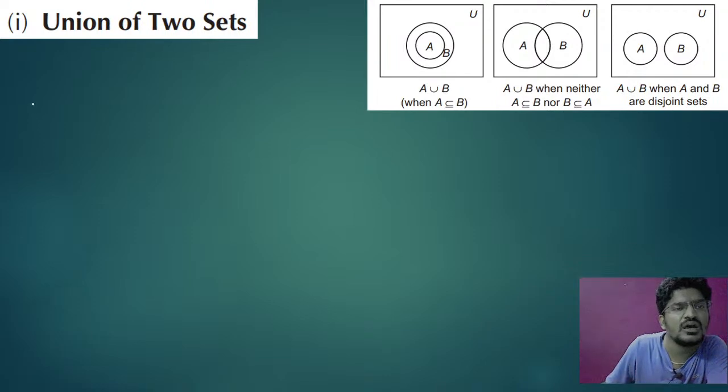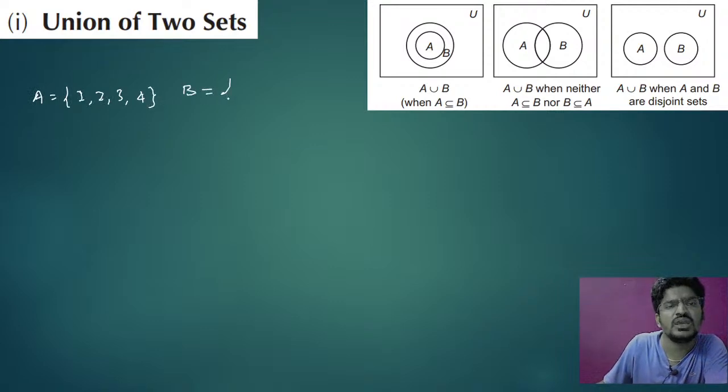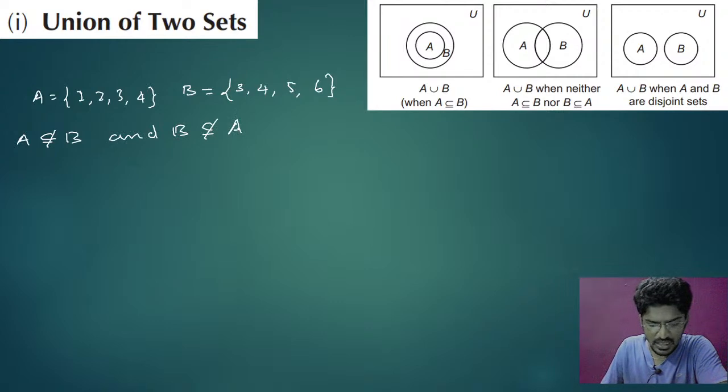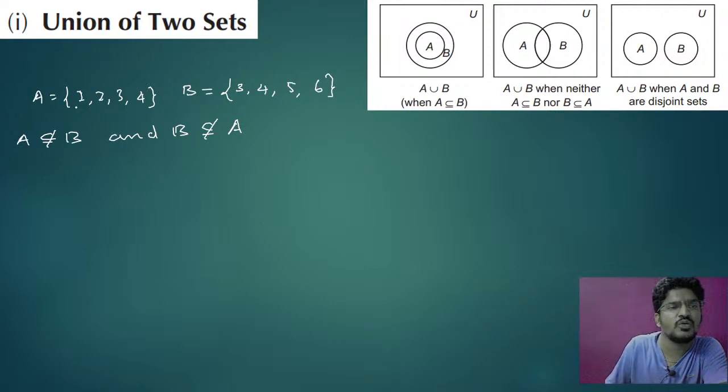So see here, I will take A equal to 1, 2, 3, 4. I will take B equal to 3, 4, 5, 6. See here, A is not a subset of B and B is not a subset of A. Because A has 1, 2, 3, 4, B has 3, 4, 5, 6.